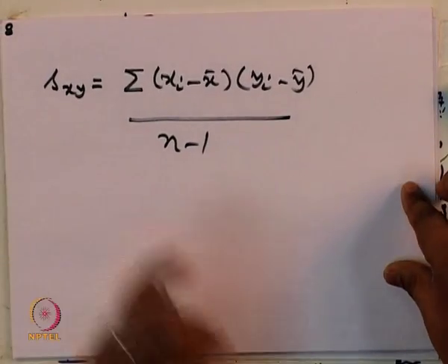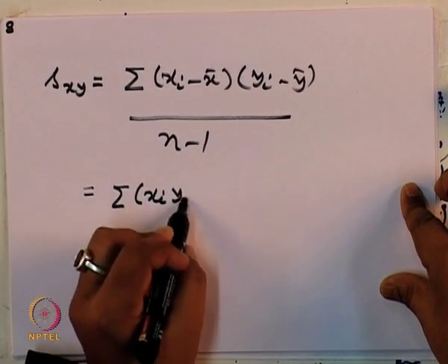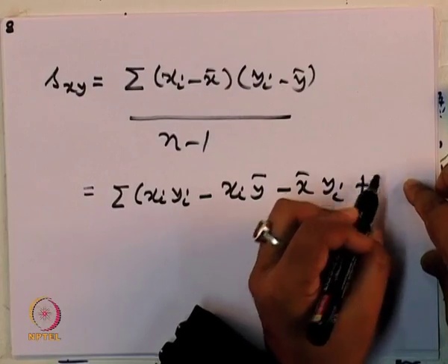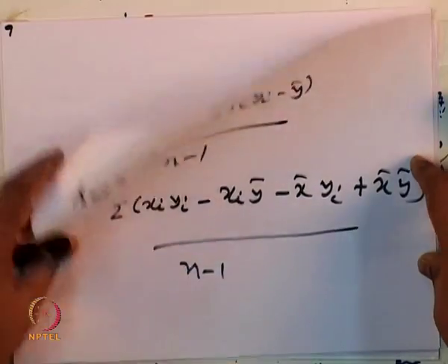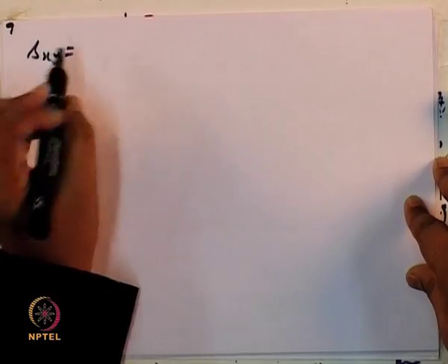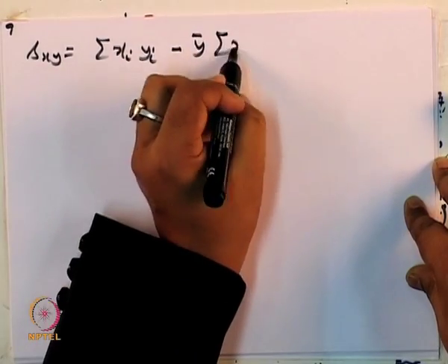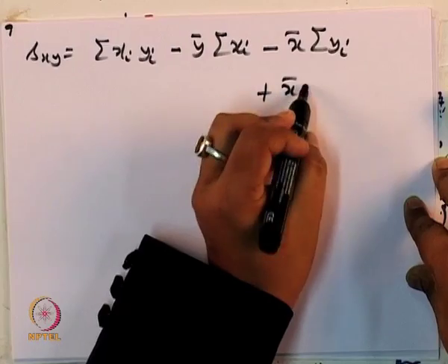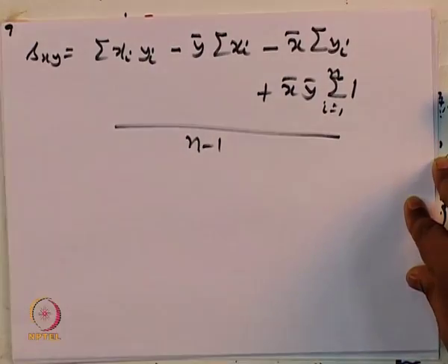Okay. So I can expand this further. I can expand this to summation of xi yi minus xi y bar minus x bar yi plus x bar y bar, divided by n minus 1. So my Sxy equals summation xi yi, minus y bar summation xi, minus x bar summation yi, plus x bar y bar summation of 1 from i equal to 1 to n, divided by n minus 1.